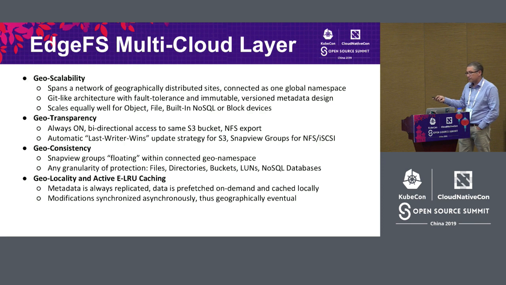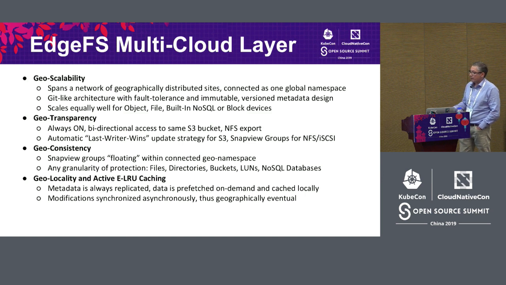You don't need to send it. You don't need to transform it manually. It just appears on a different segment. Any granularity protection, so we protect files, directories, buckets, logical units, NoSQL databases. It's all built into the paradigm of geo-consistency.